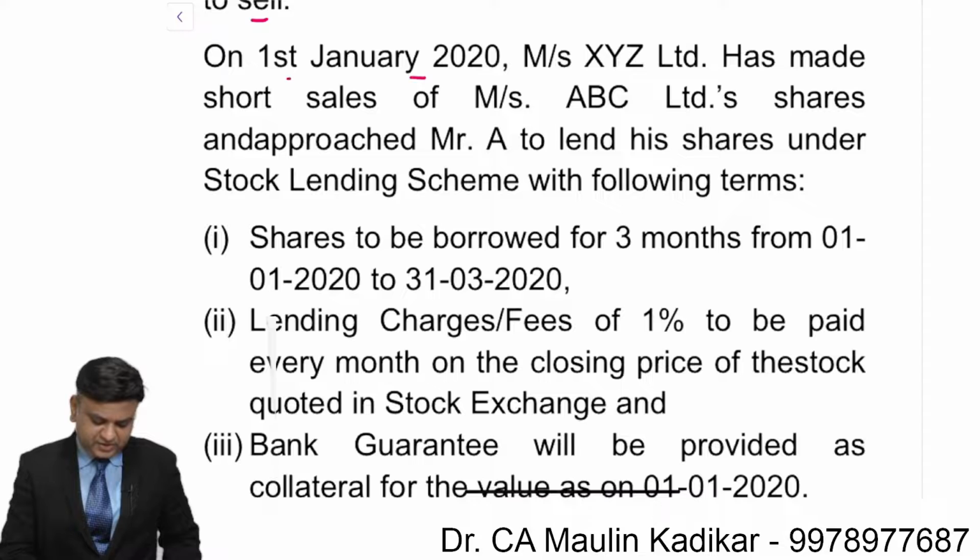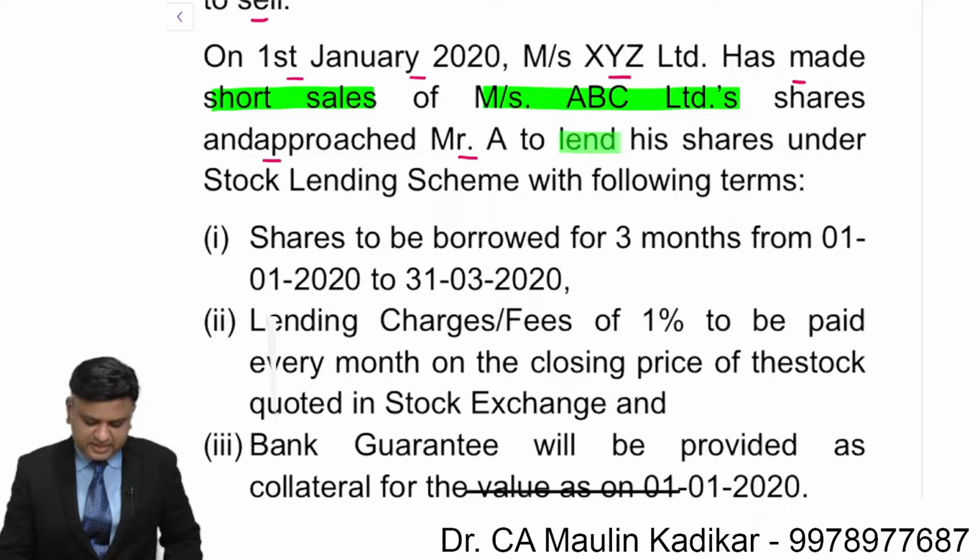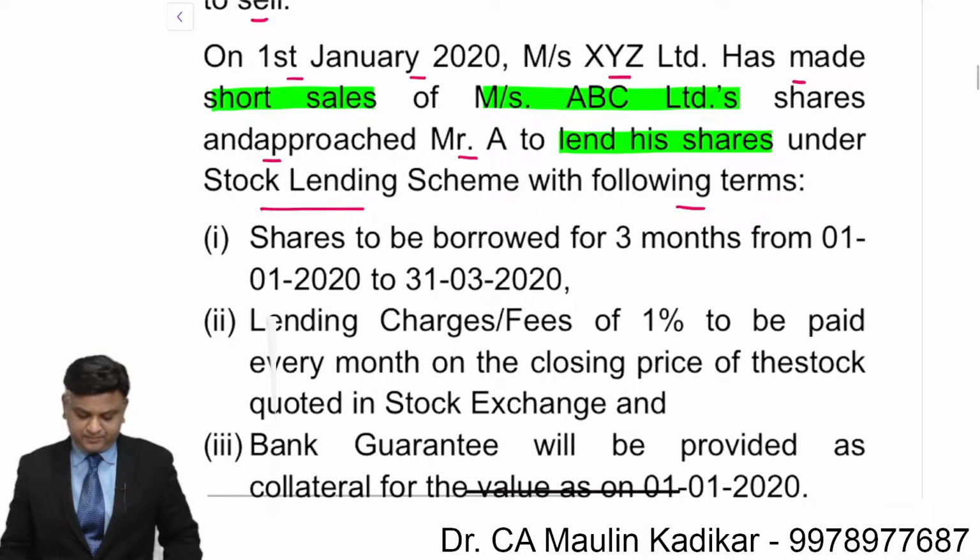On January 1st, 2020, Messrs. XYZ Ltd has made short sales of Messrs. ABC Ltd shares and approached Mr. A to lend his shares under a stock lending scheme with the following terms.